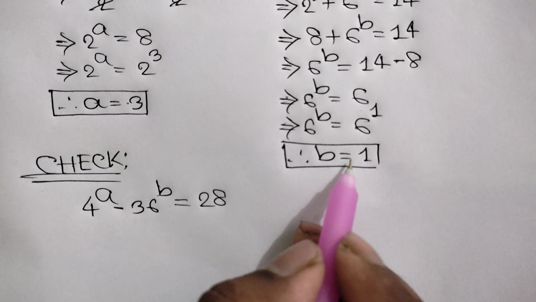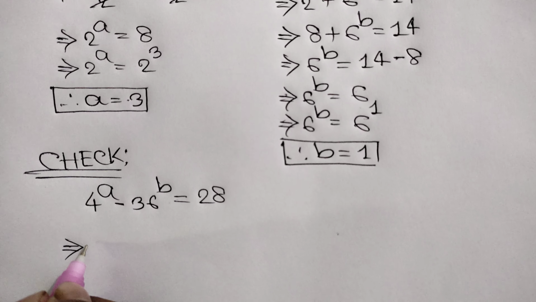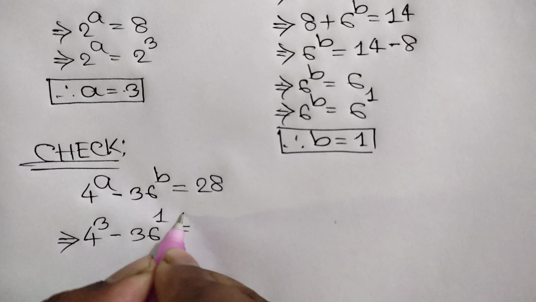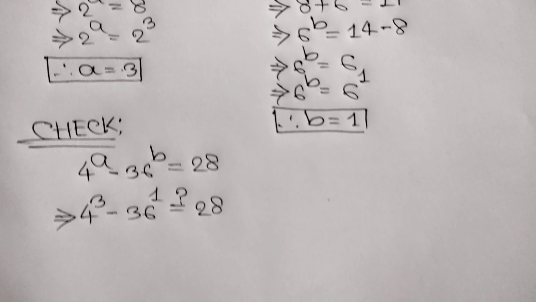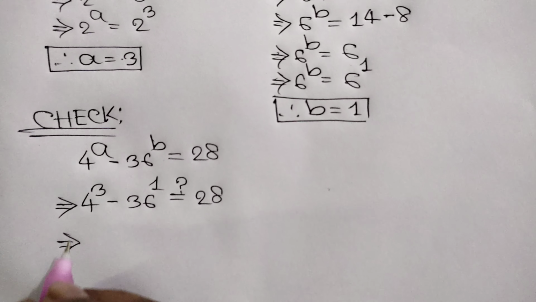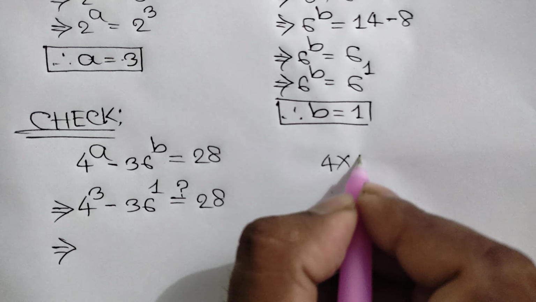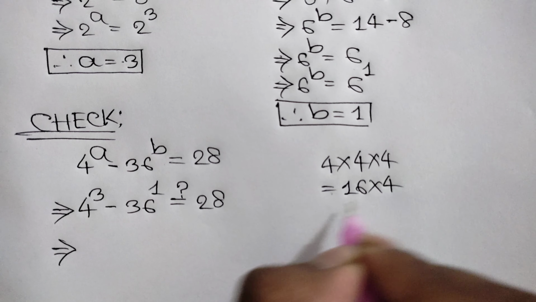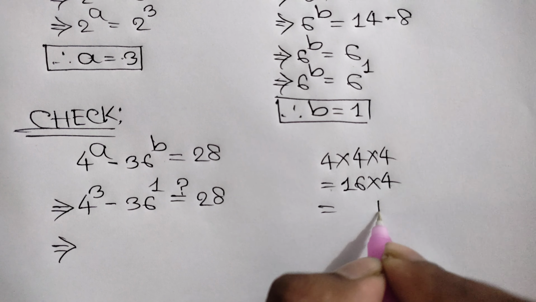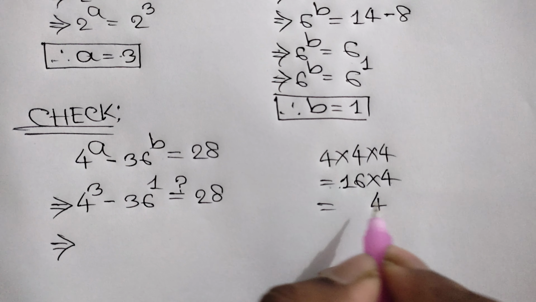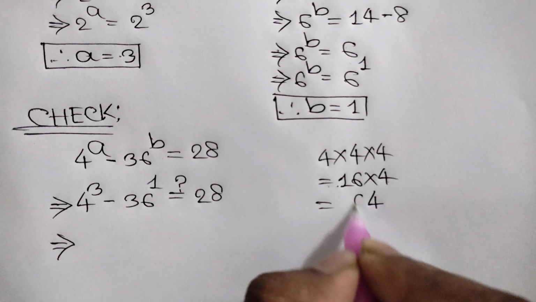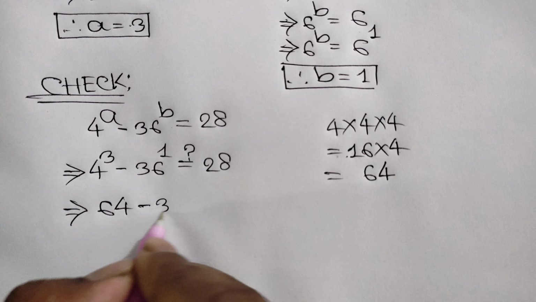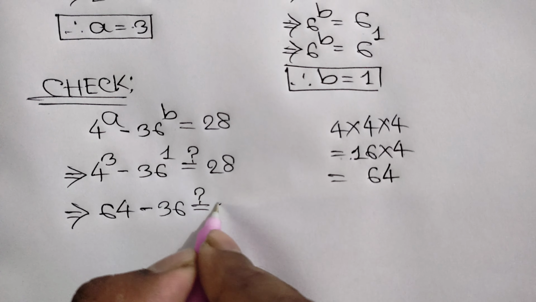Here a is equal to 3 and b is equal to 1, so we can write 4 to the power 3 minus 36 to the power 1, is it equal to 28? 4 to the power 3 means 4 times 4 times 4. 4 times 4 is 16, 16 times 4: 4 times 6 is 24, 2 will be carried, 4 times 1 is 4, 4 plus 2 is 6, so we get 64, minus 36 to the power 1, that means 36, is it equal to 28?